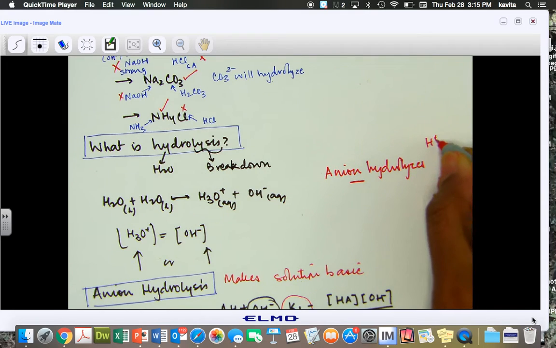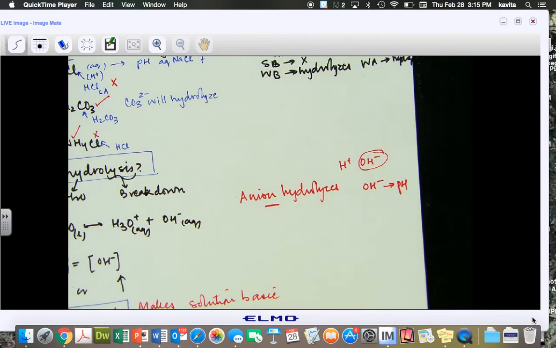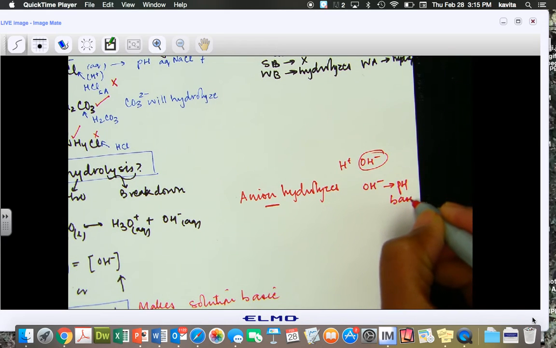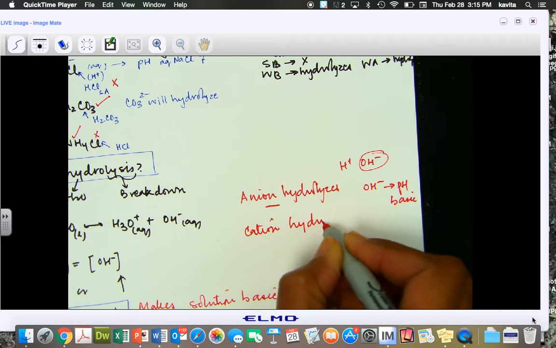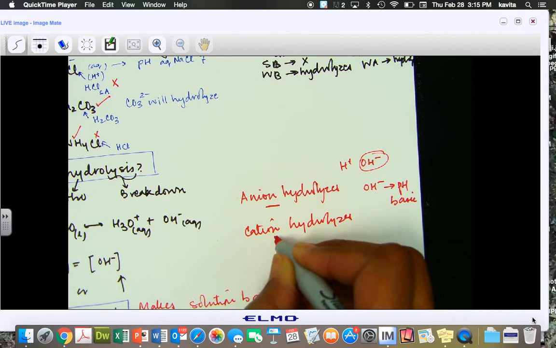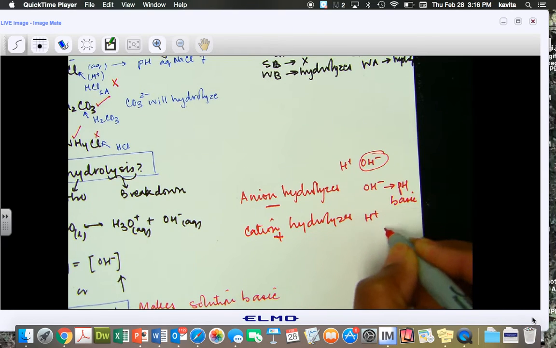Think of water as H+ OH-. If the anion hydrolyzes, it will increase OH-, same charge, right? So it will raise the pH. pH will be basic. If the cation hydrolyzes, then the cation is positively charged. It will increase the H+ concentration, so pH is acidic.